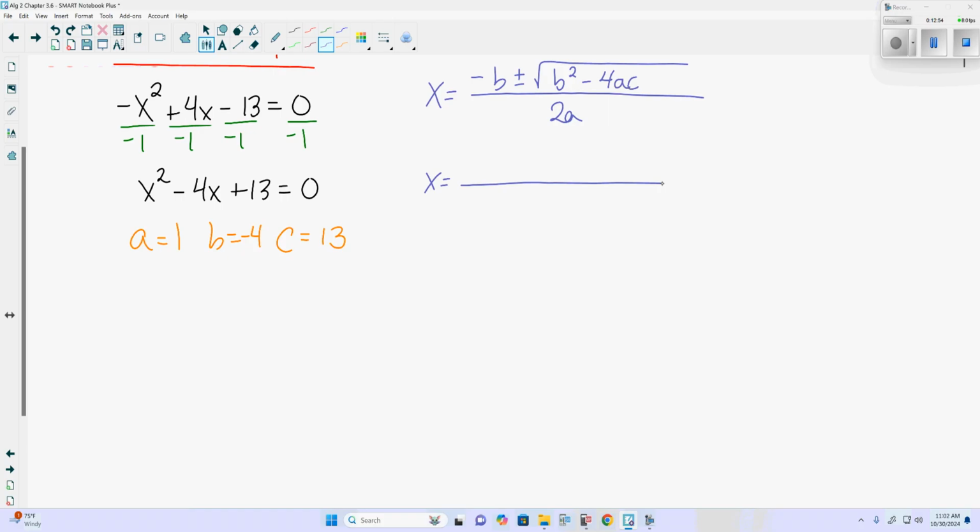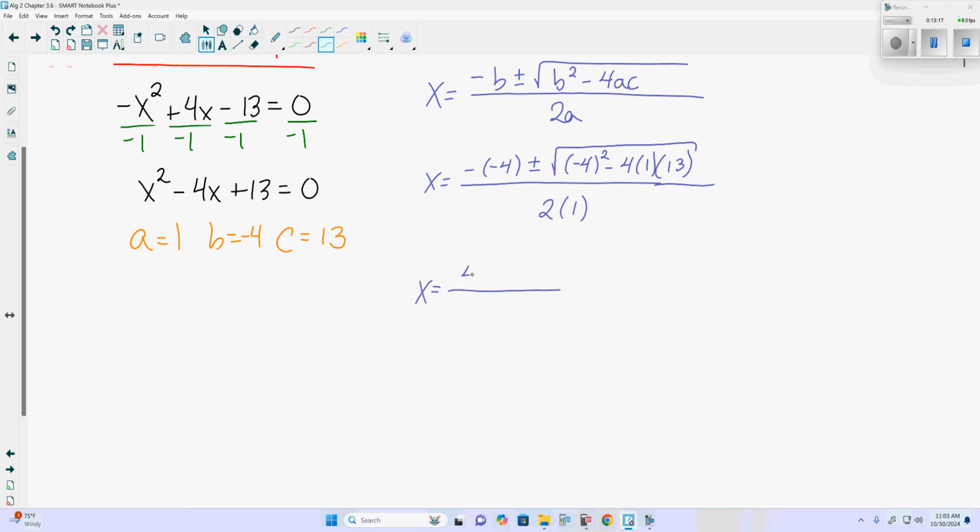x is equal to negative b, which would be negative negative 4, plus or minus the square root of b squared, so negative 4 squared minus 4 times a, which is 1, times c, which is 13, all over 2 times 1.